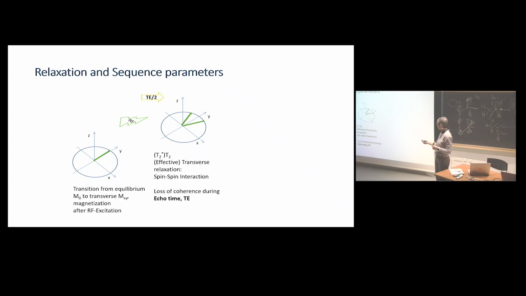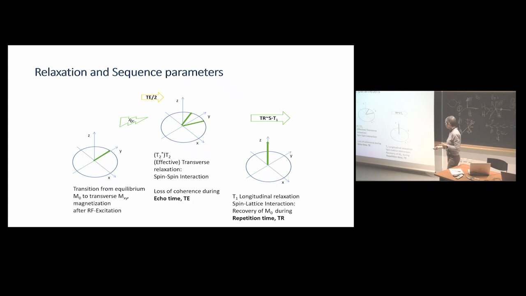There is another sequence parameter that you can look at, and that's the repetition time. That is the time that we leave the rotating frame magnetization vector in peace before we repeat the measurement. And here, I'm already alluding to it, it's slow.